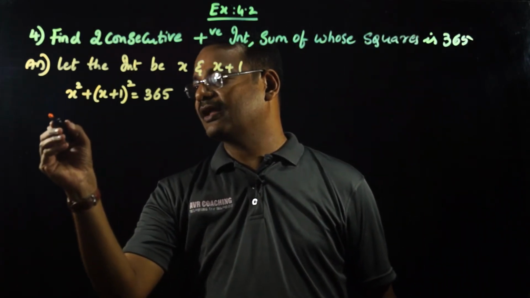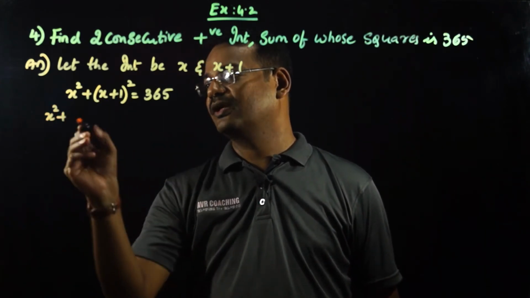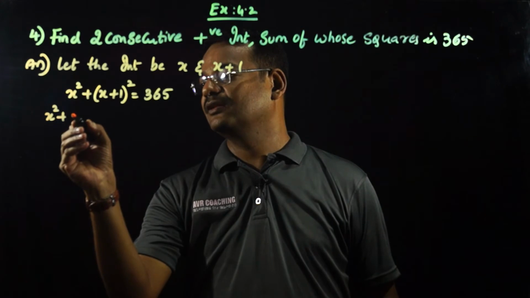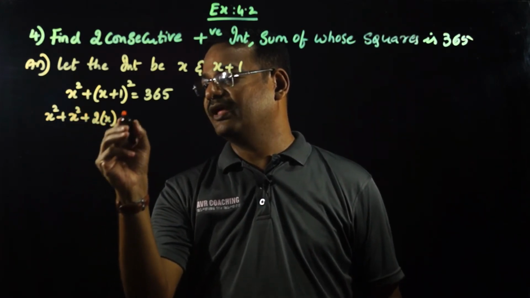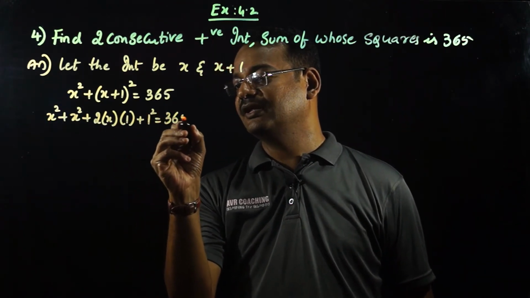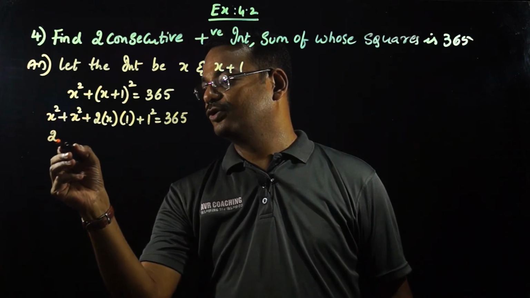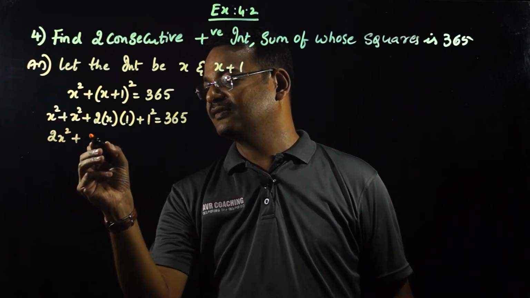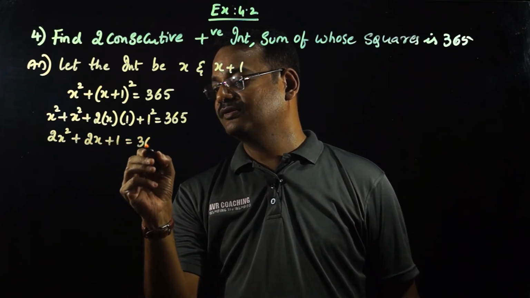So when we open the bracket, this is a plus b whole square, we get a square plus 2ab plus b square is equal to 365. This will be x square plus x square is 2x square plus 2x plus 1 is equal to 365.